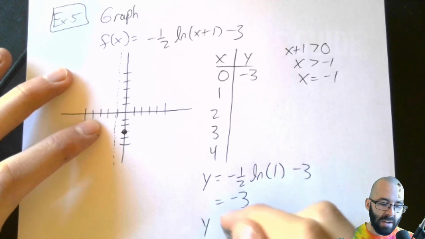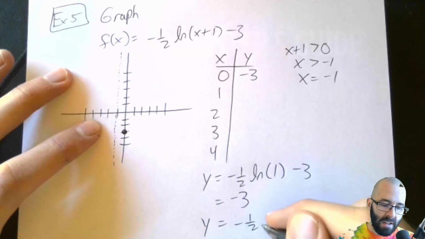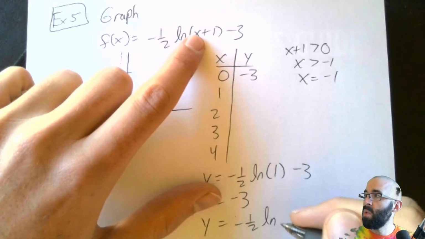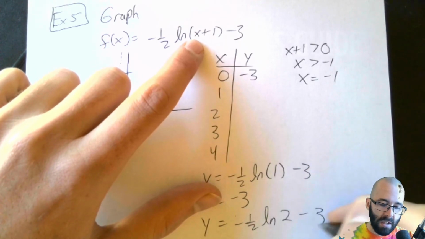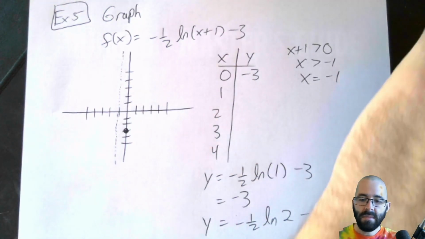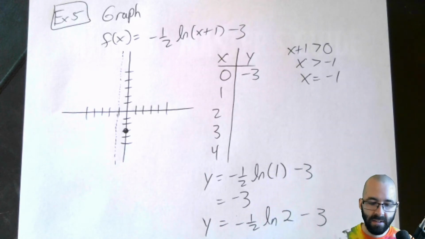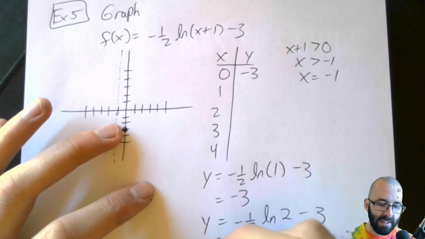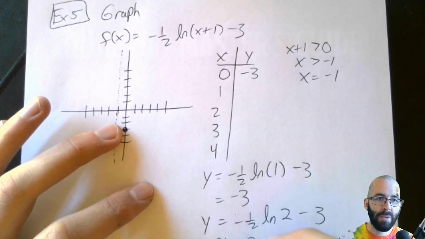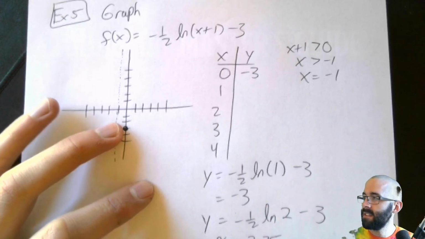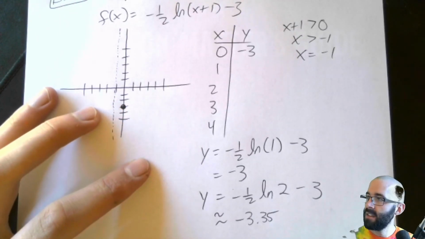You plug in x equals 1. You're going to get negative 1/2 times the natural log of 1 plus 1, which is 2, minus 3. You plug that into your calculator. And this one is a little bit more interesting. -3.35. And it goes on.